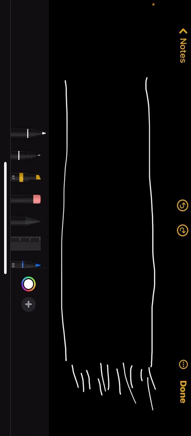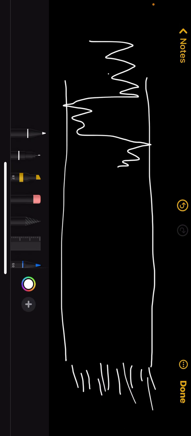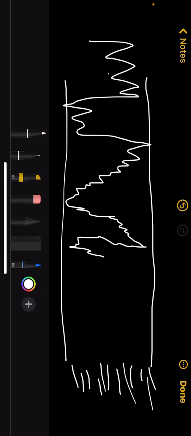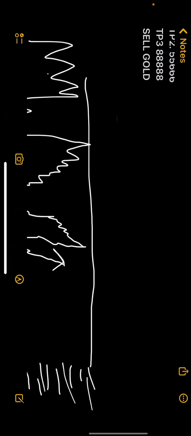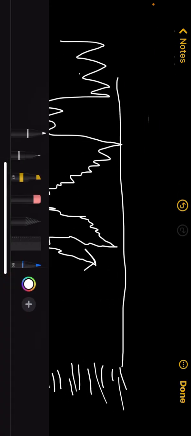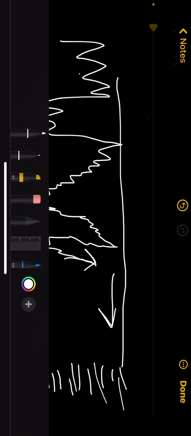The market is just doing its thing. Pulled up, bam, came down. So the market is coming up now, and then we sent in a signal and told you to enter at a price of 33.24.